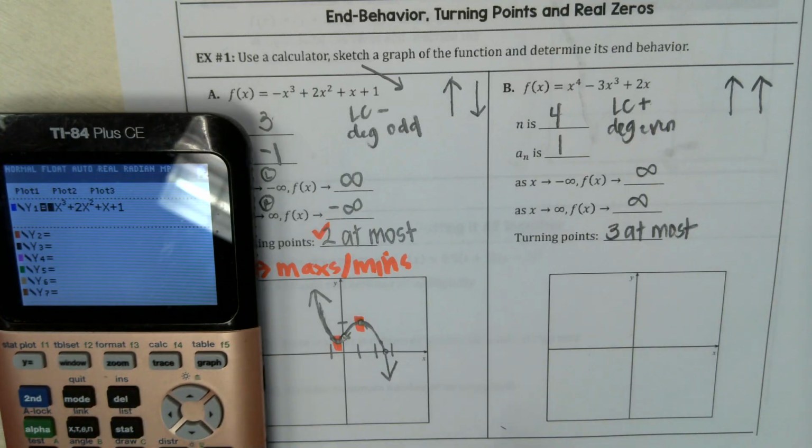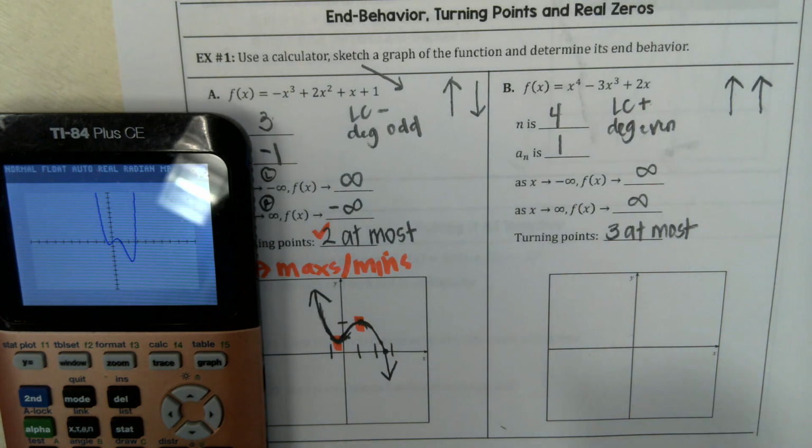All right, so I'm going back to my calculator, and I'm typing in my function. Okay. All right, now graphing this. Ooh, that one looks a little bit different. Okay.